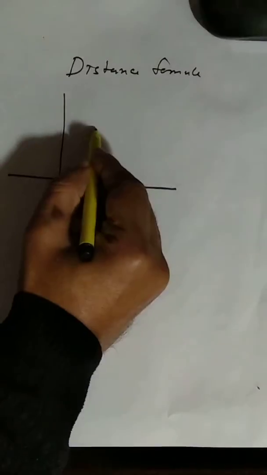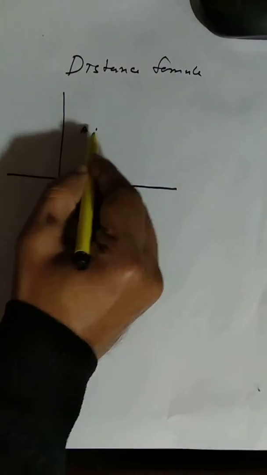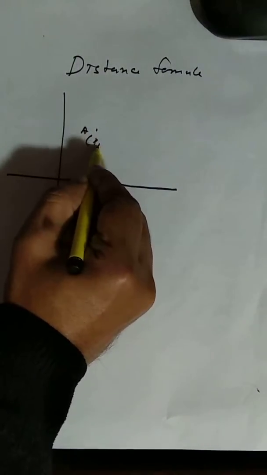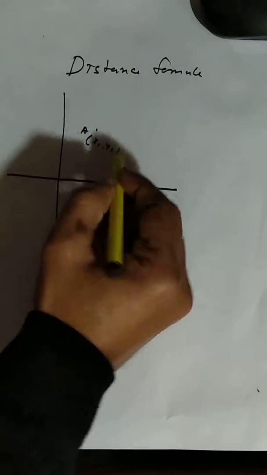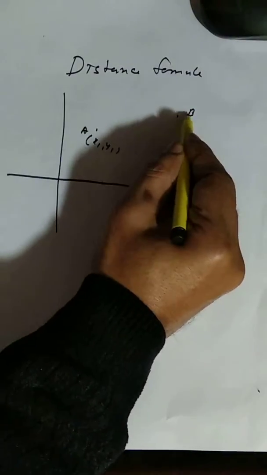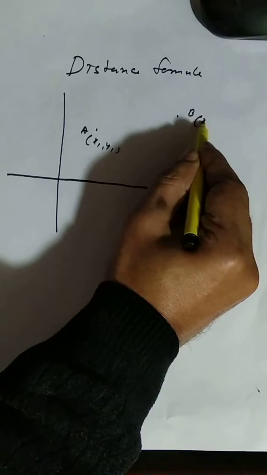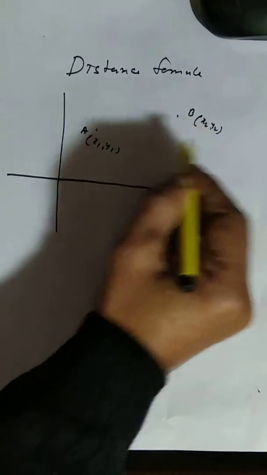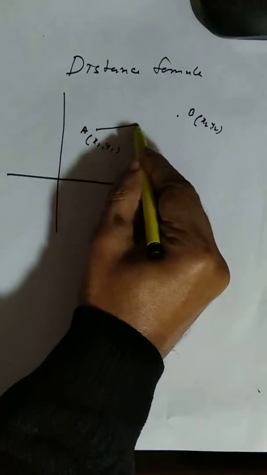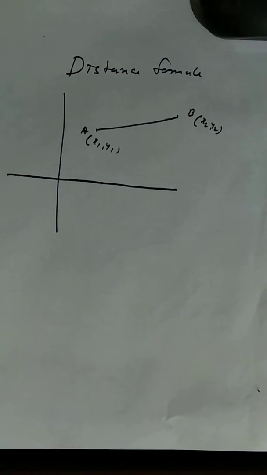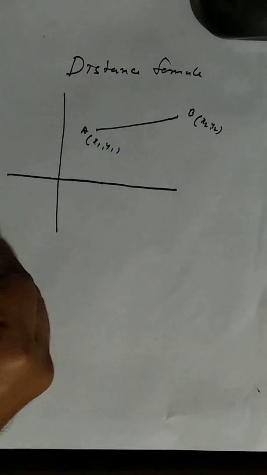For example, if we have one point, say A, and its coordinates are x1, y1, and another point is B, whose coordinates are x2 and y2, and you want to find the distance between these 2 points, the formula is very simple.